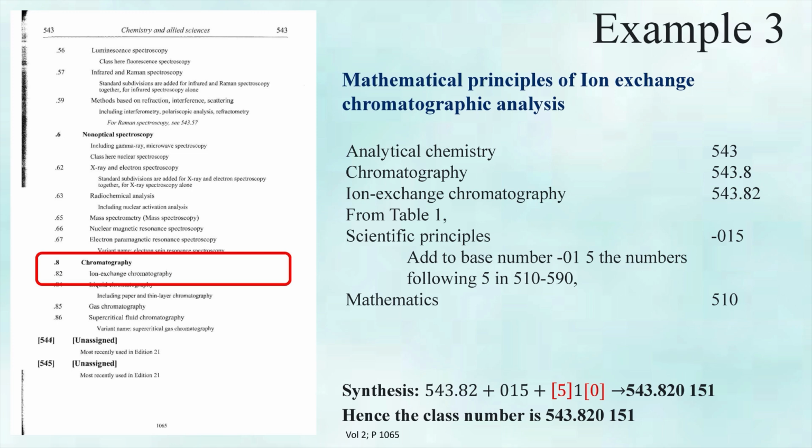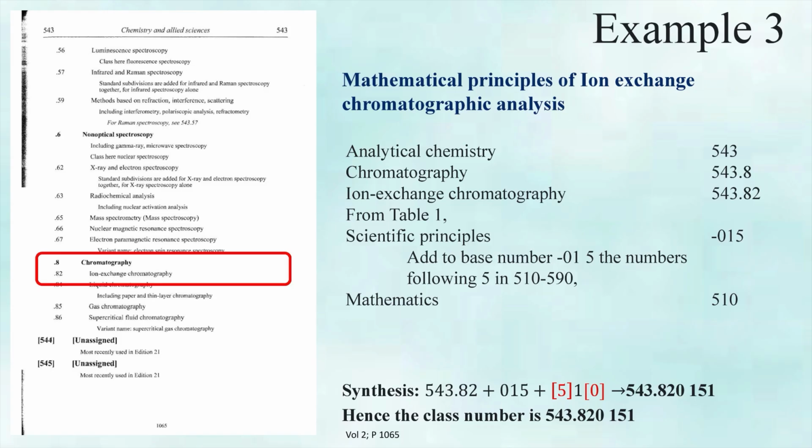So for scientific method of any kind of subject, that's why it gives us access from 510 to 590. As mathematics is in 510, we have to take the number for mathematics, that is 510. Therefore, the number will be 543.82, that is for ion exchange chromatography.